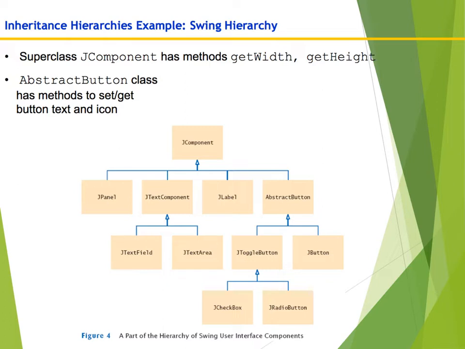And even subclasses like AbstractButton have their own subclasses. So, for example, the AbstractButton class, which has methods to get and set button text and icon, has two subclasses, JToggleButton and JButton. These are two specific kinds of buttons, two specific kinds of abstract buttons.